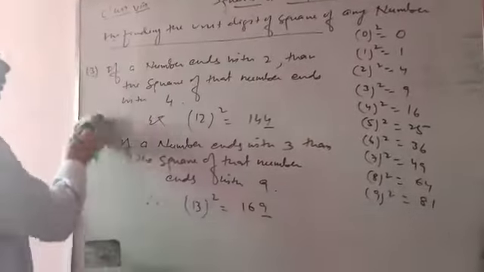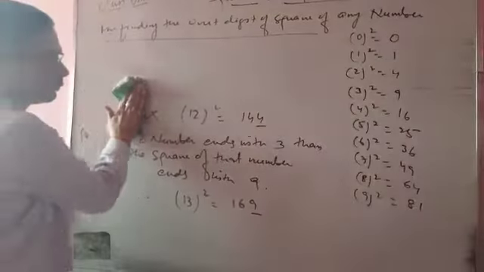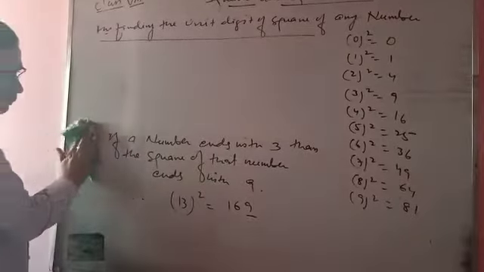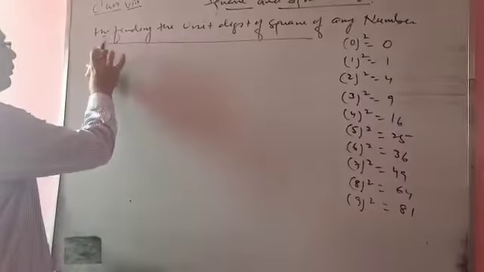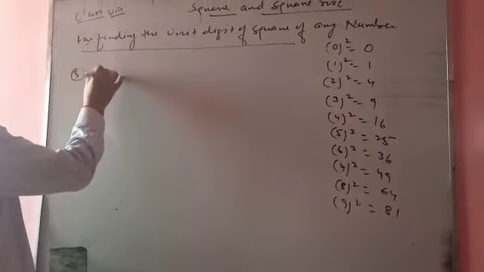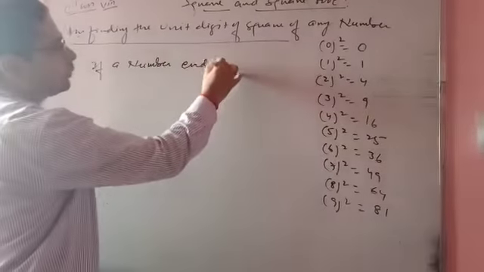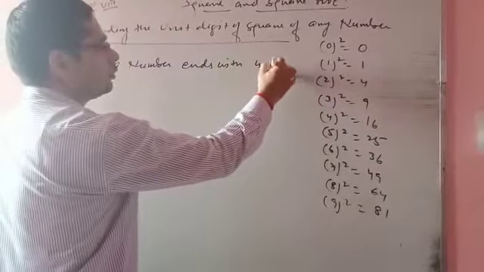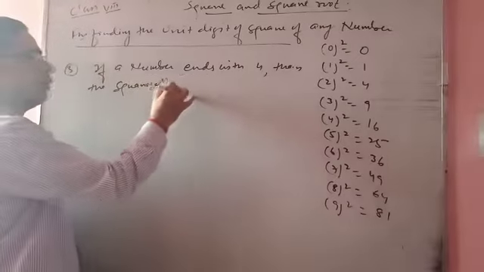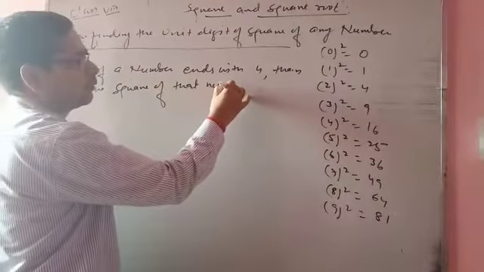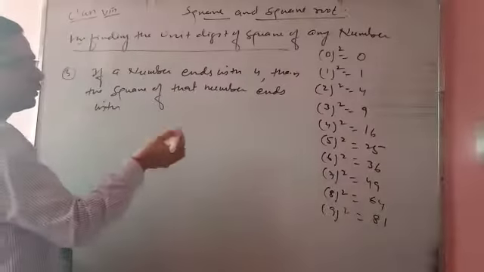Next, number 5. If a number ends with 4, then the square of that number ends with what? 6.